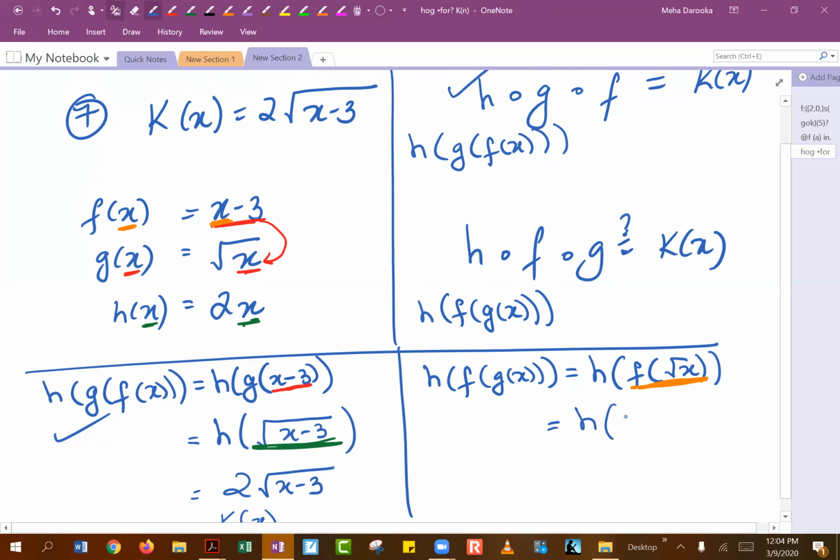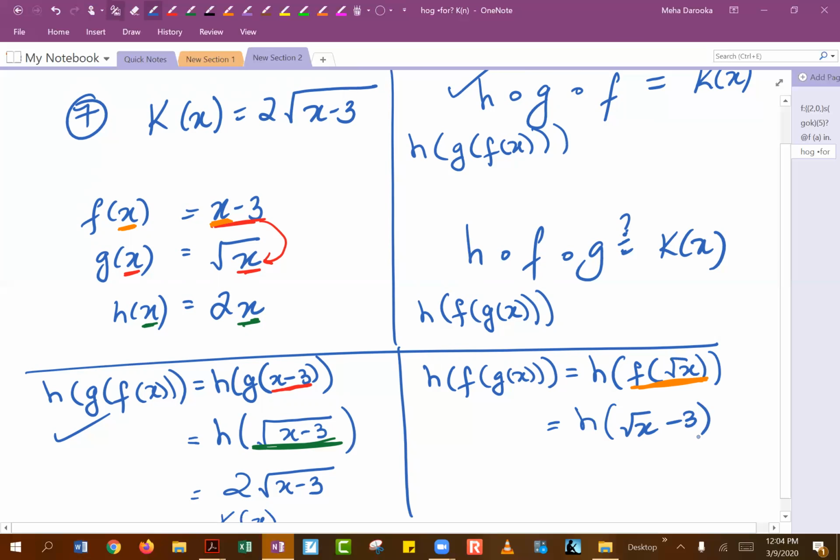Since we're replacing x with square root of x, what does this become? Square root of x minus 3.